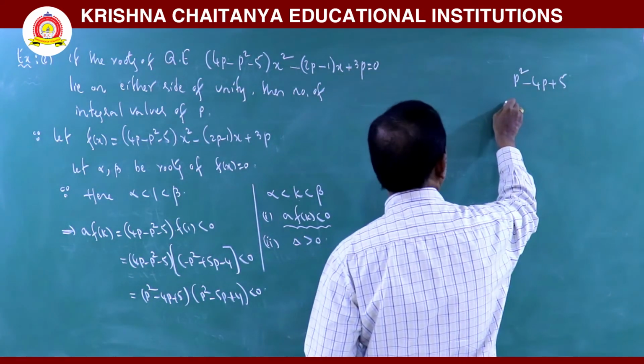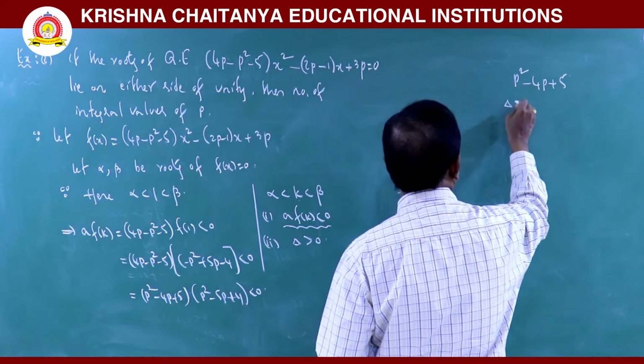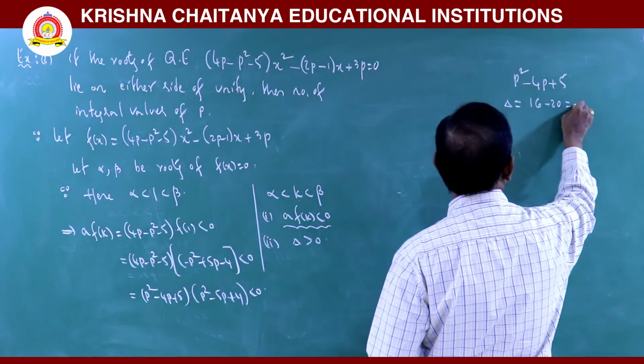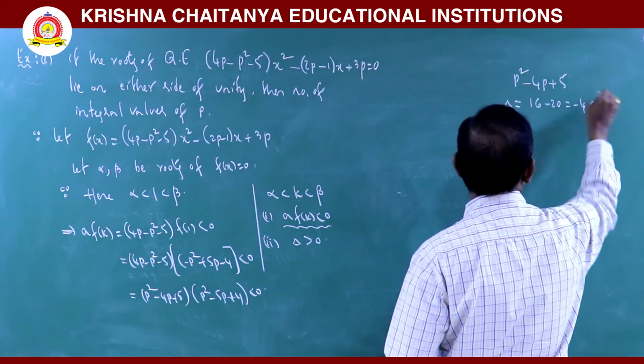For p square minus 4p plus 5, we have to consider the delta value: b square minus 4ac, 16 minus 20, which is minus 4, less than 0.